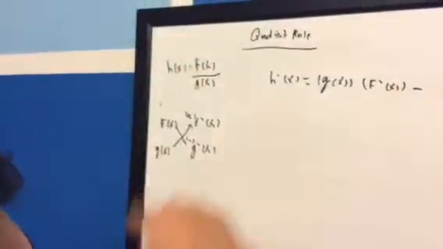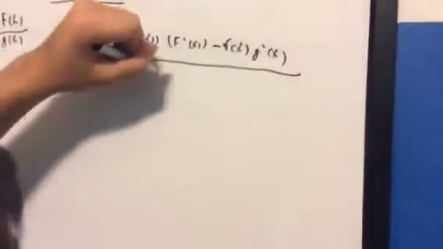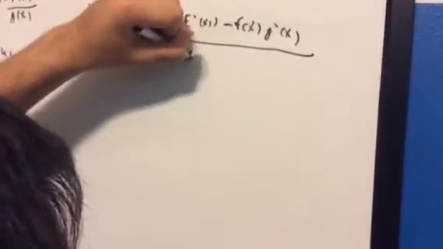The negative slope, so minus f of x times the g prime of x, all over the g of x squared.